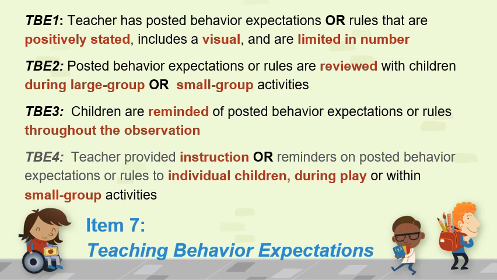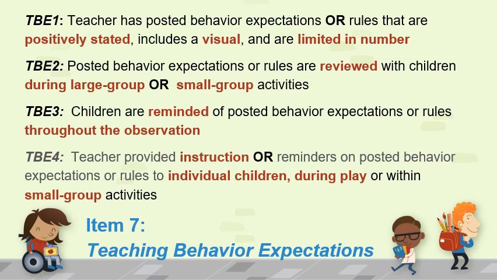TBE3, children are reminded of posted behavior expectations or rules throughout the observation. This should happen several times. For example, you might say, when we go to work time, I want everyone to remember to be a friend and share the toys. Remember our classroom rules.